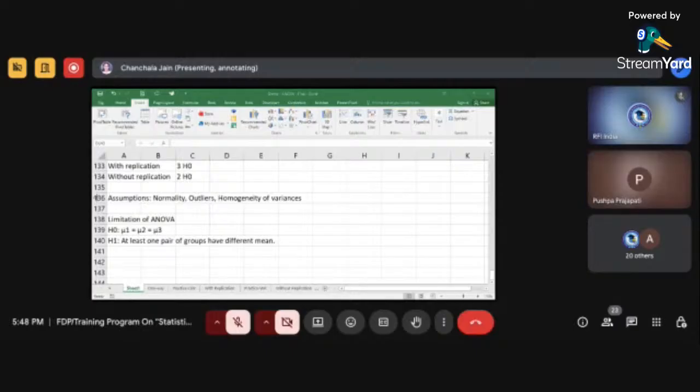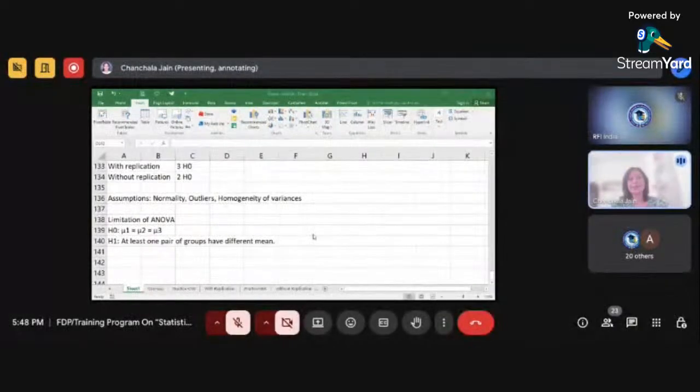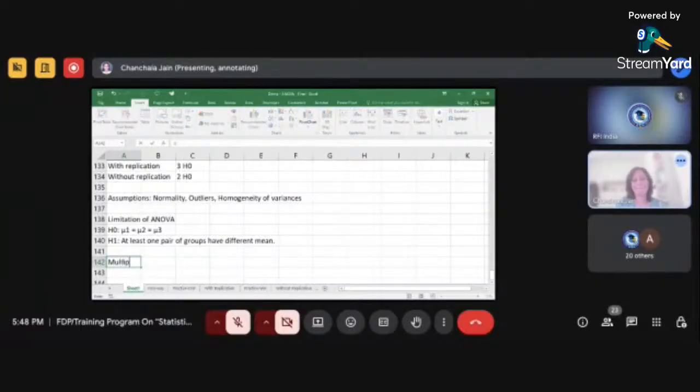Fine. So this is the limitation of ANOVA, and if we want to overcome this, it is usually difficult to do in Excel. It is not possible to do this in Excel, so you need to take the help of some other software. There are tools or tests like multiple comparison, or you can call it post-hoc.